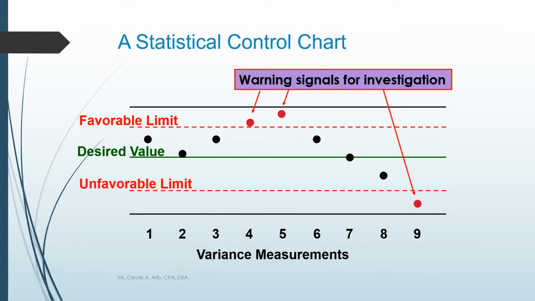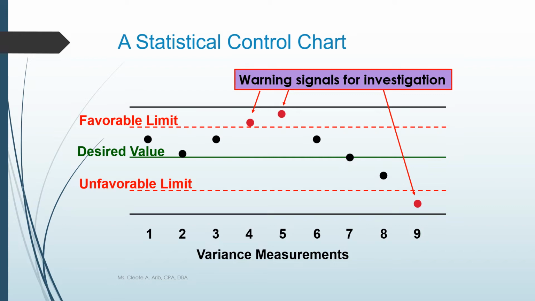To know which variances to investigate, you can also use a statistical control chart. How do we use this? Say, for example, you have a desired value. Normally our desired value is 0. What do I mean by 0? We don't want any variance, so it is neither favorable nor unfavorable. So our starting point can be 0 as our desired value.